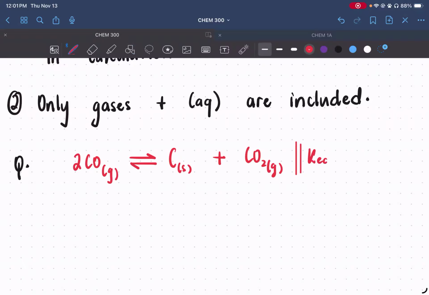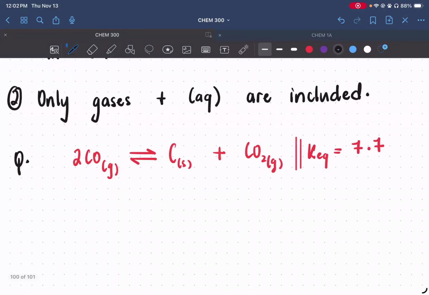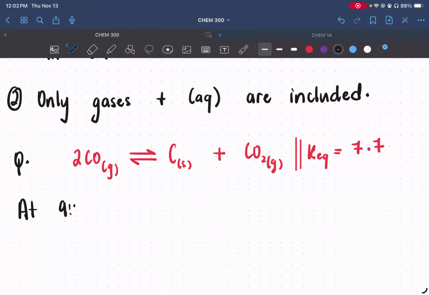I'm telling you that the equilibrium value is 7.7. And here's what the question reads. At 9:02 a.m., the concentrations are as follows.